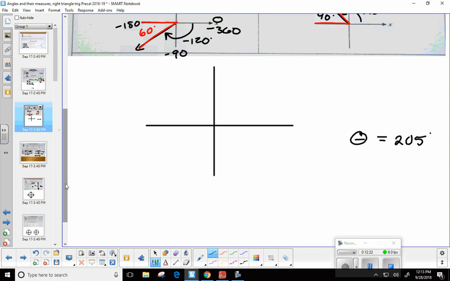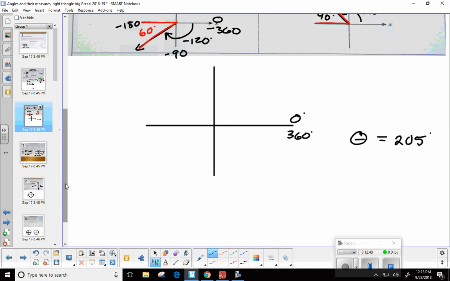Okay, what quadrant would the terminal side be in? Where would he stop? 1, 2, 3, or 4? Okay, 4? A little off. It'd be quadrant 3. Because remember, one full revolution is 360, right?